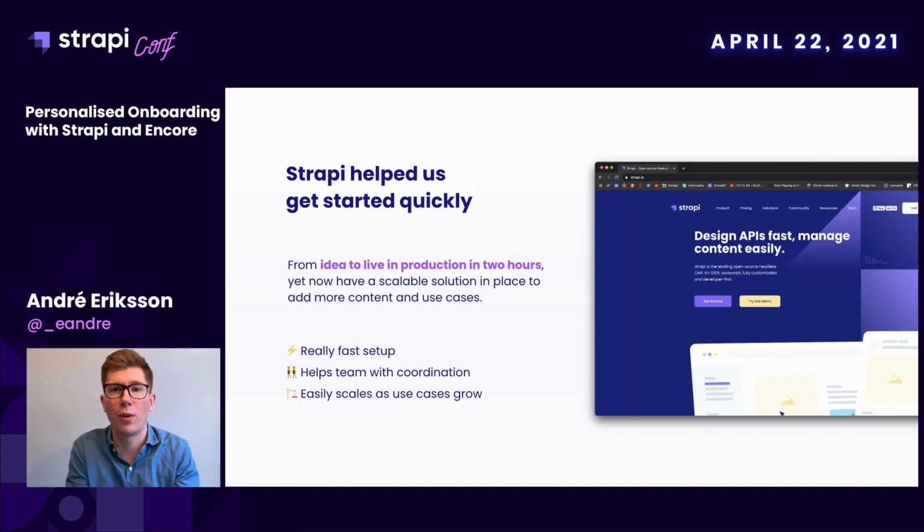And we now have a much more scalable solution in place to both add more content and use cases, but also be able to iterate and visualize the content without technical people having to do all the heavy lifting. It's a really fast setup, really helps with collaboration, and scales much better than just doing it in code.